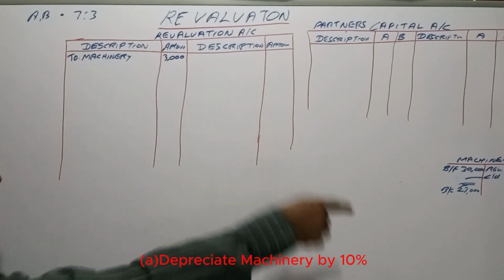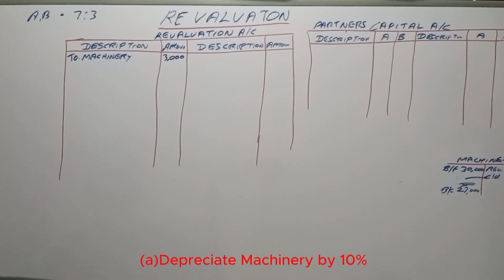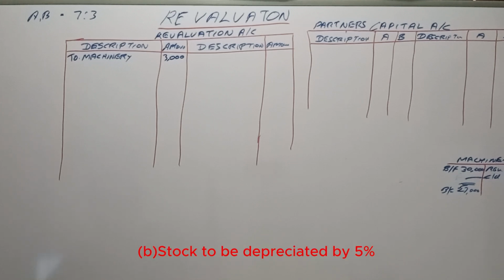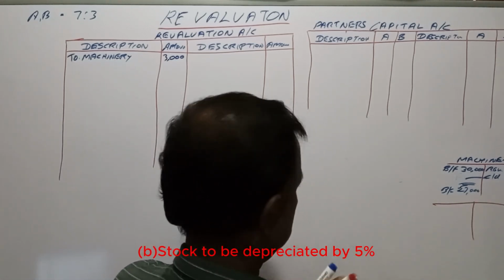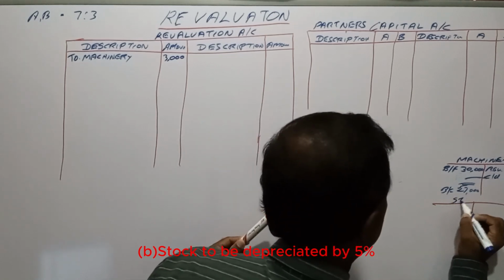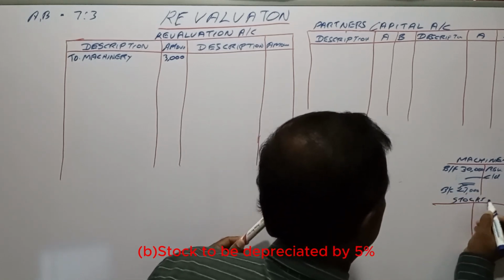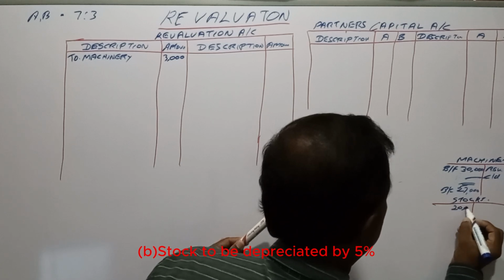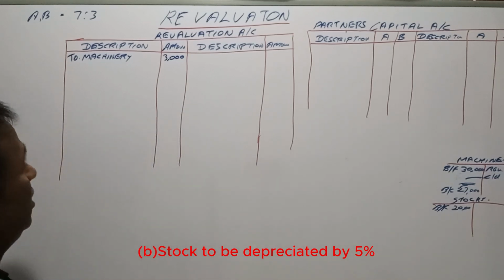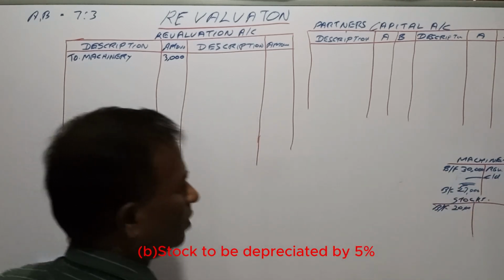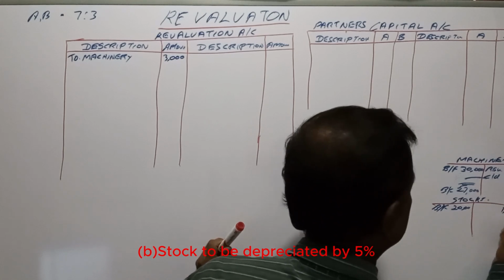Okay, understood. And the second adjustment is stock to be depreciated at the rate of 5%. Stocks is 20,000, and it has to be depreciated at the rate of 5%. 5% in the sense 1,000 rupees has to be credited.